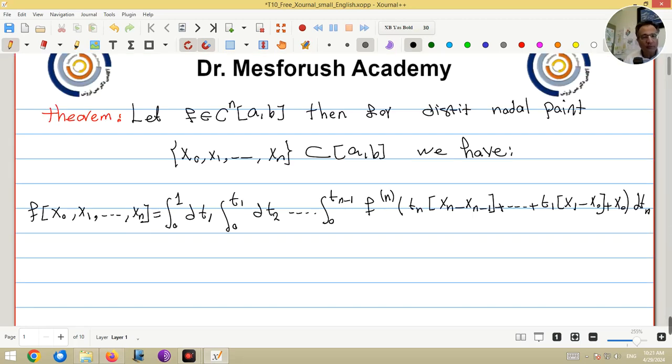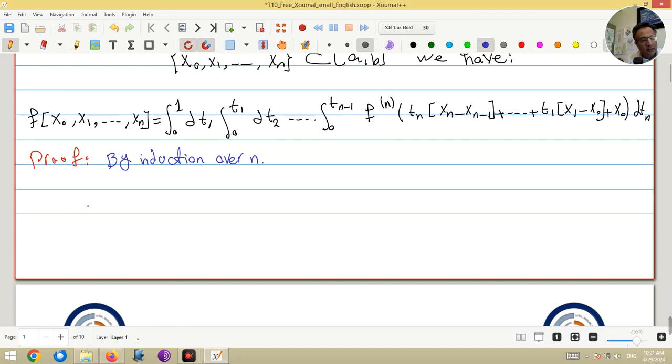I want to prove this formula. The proof is not too hard, and it can be done by induction over n. First, let n be equal to 1. I mean, we have f[x0, x1]. So let n equal 1.